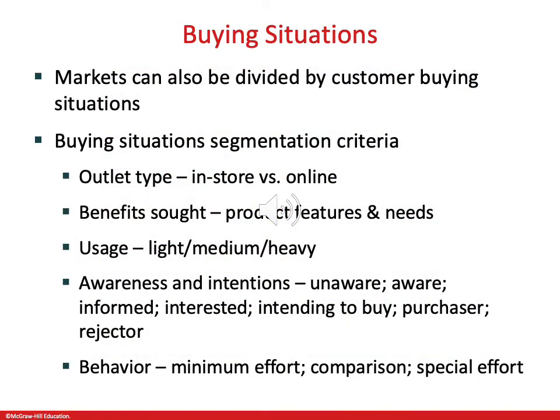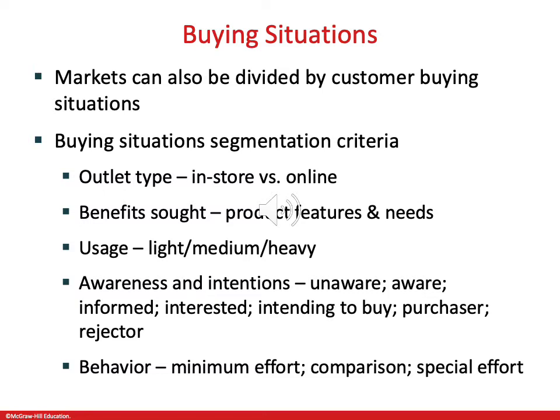So we talked about using geographic, demographic, and psychographics as ways to segment a population, but we can also segment a population based on buying situations. So markets can actually be divided by customer buying situations. Those criteria could be outlet types, right? So are consumers predominantly buying in-store or online? We can segment the population that way.